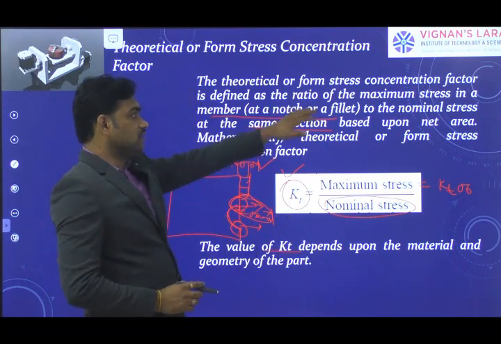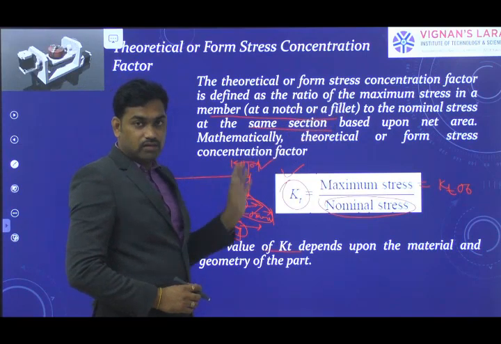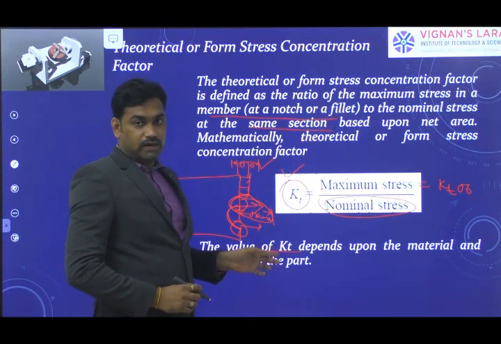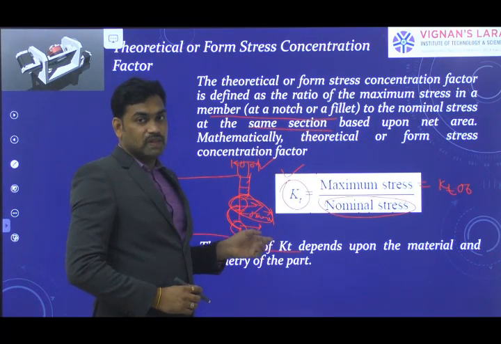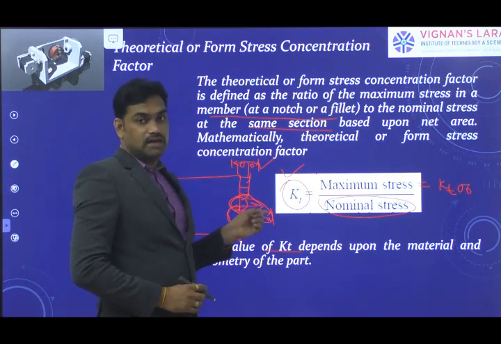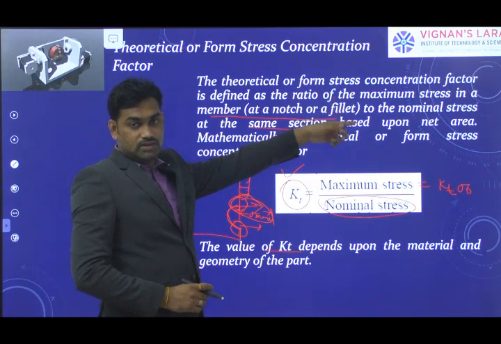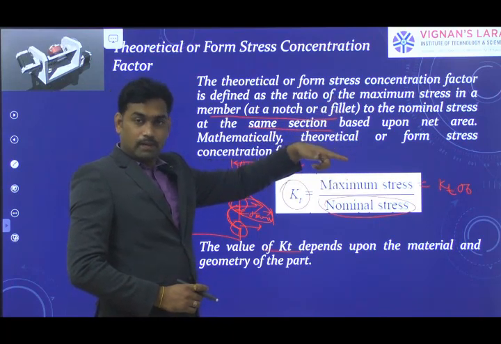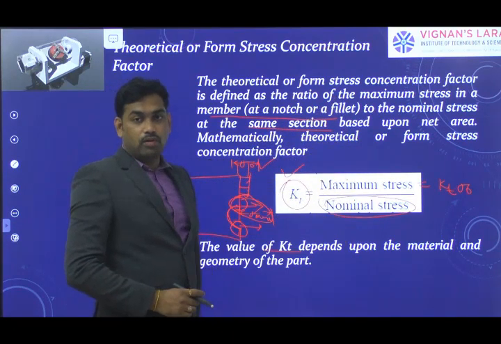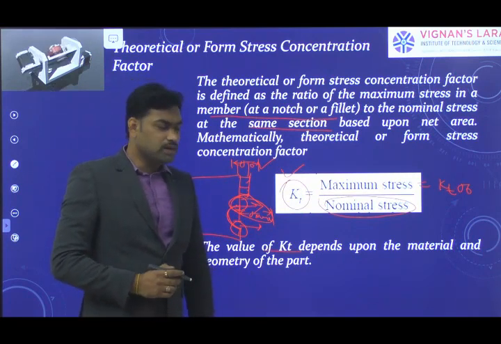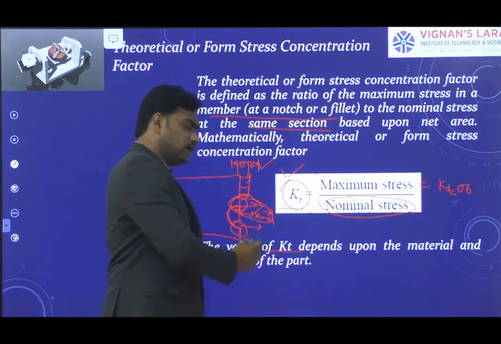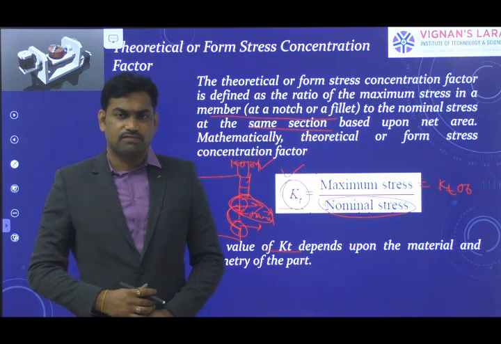As you can see in the definition, you can take a cross sectional area, and at the same cross sectional area you can observe the maximum stress as well as the nominal stress. That gives the relation: it is a ratio of maximum stress to the nominal stress at the same section, denoted by Kt.